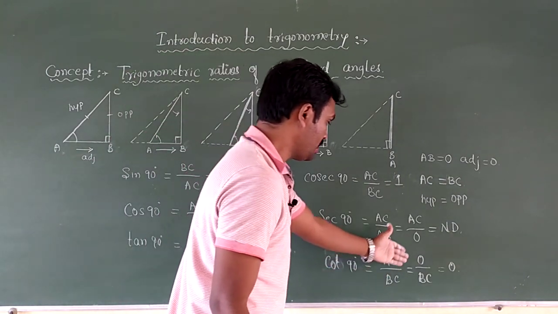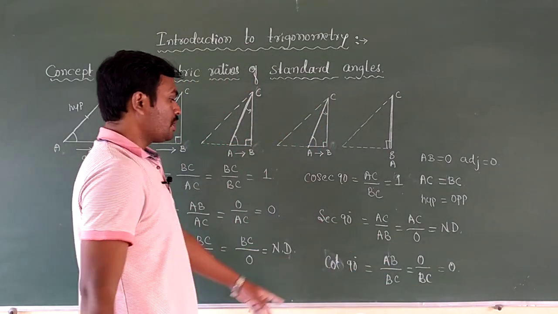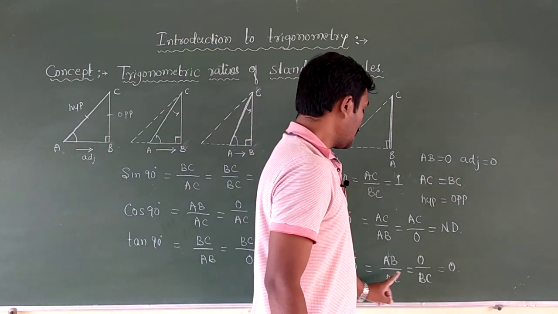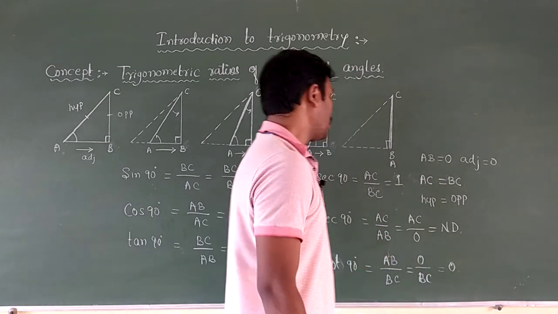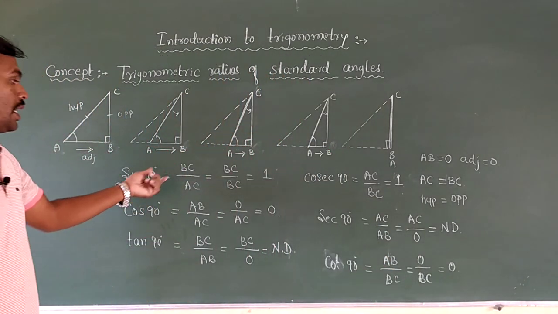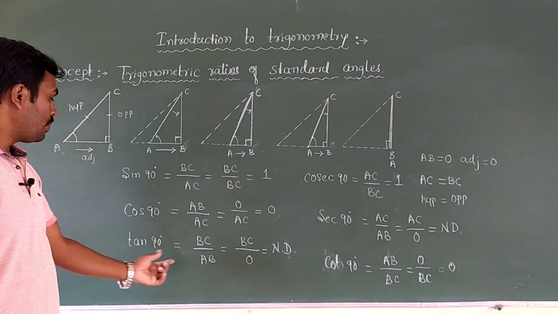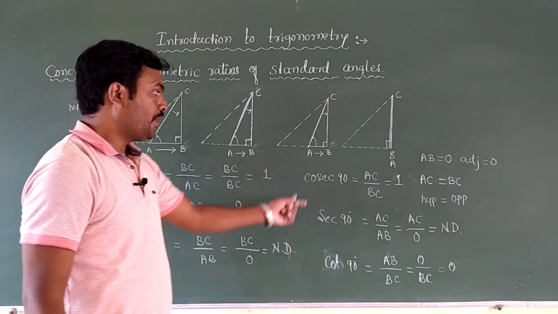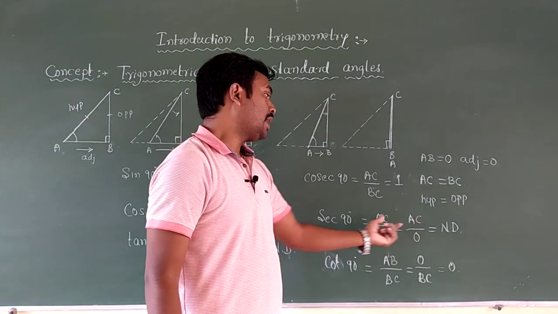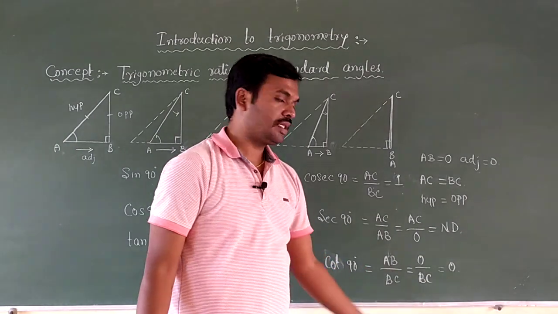So AB by BC, 0 by BC, because AB is equal to 0 here, so 0 by BC is equal to 0, children. So sin 90 is 1, cos 90 is 0, tan 90 is not defined, cosec 90 is 1, sec 90 is not defined, cot 90 is 0.